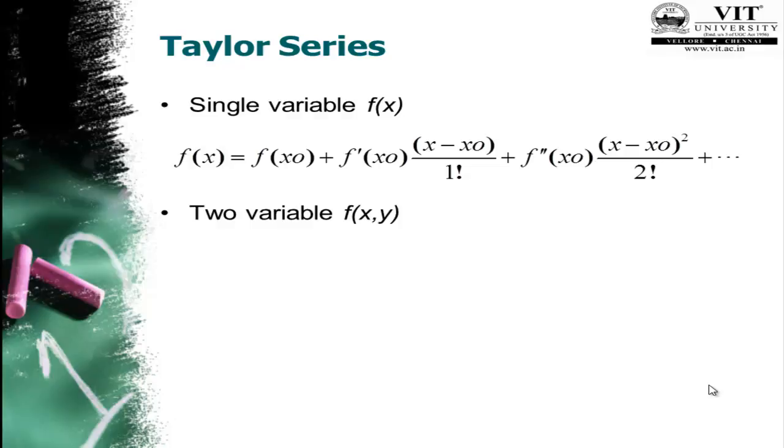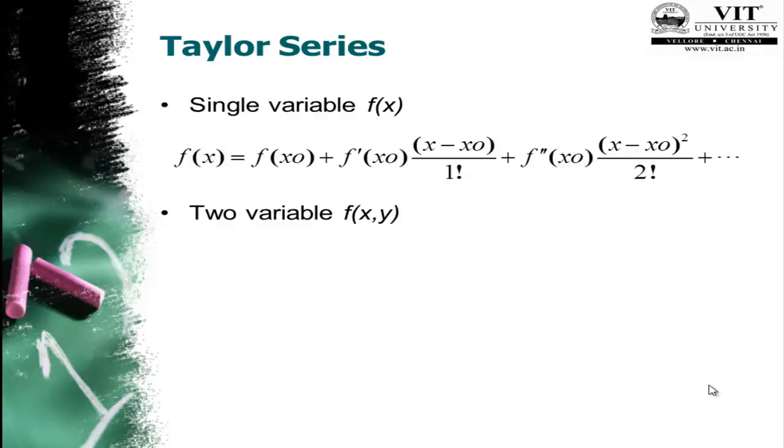So f of x can be written as f of x naught plus f dash of x naught multiplied by x minus x naught divided by 1 factorial plus all the higher order terms. When we are applying this Taylor series for linearization, we'll be using the series only up to the first order equation. We'll be omitting all the other higher order terms.